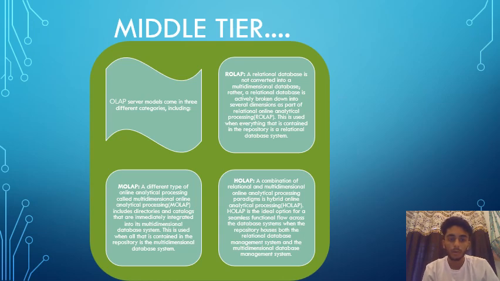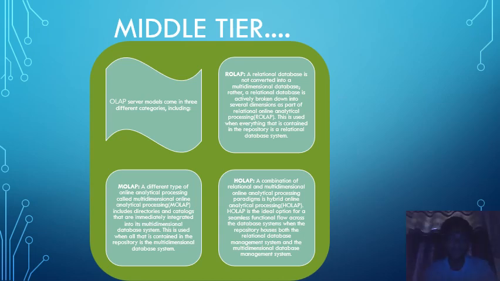A different type of online analytical processing, called multidimensional online analytical processing, includes directories and catalogs that are immediately integrated into its multidimensional database system. This is used when all that is contained in the repository is a multidimensional database system.